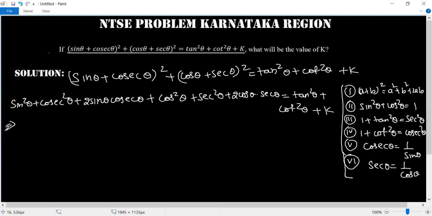Which implies, now I'm writing the identity based terms together.